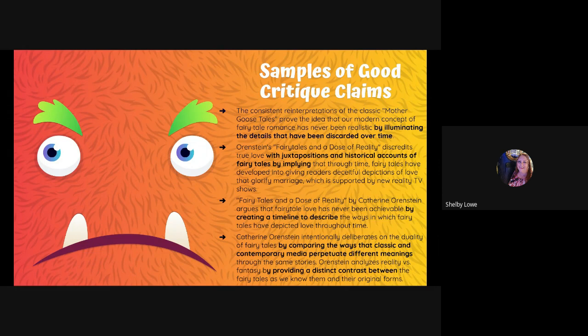Okay. Next one, Ornstein's fairy tales and adjusted reality discredits true love with juxtapositions and historical accounts of fairy tales by implying that through time fairy tales have developed into giving readers deceitful depictions of love that glorify marriage, which is supported by new reality TV shows. Okay, so this claim, I would expect in the critique paragraph to find, they can point out juxtapositions.